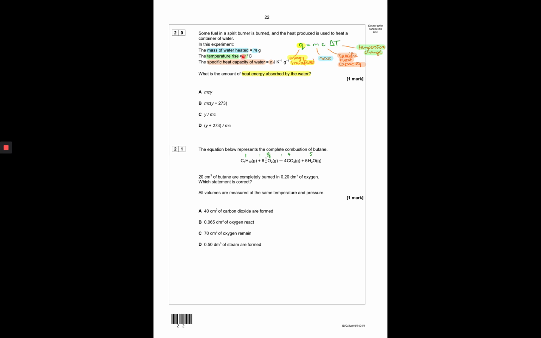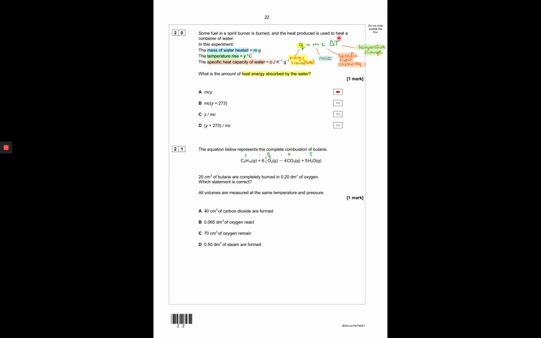Now, if we substitute our terms here, Q equals m, c, Y. So the answer is A. A lot of you went for B for some reason, but we're talking about a temperature change. I know we quite often measure things in degrees Celsius, but really our unit of temperature is Kelvin.